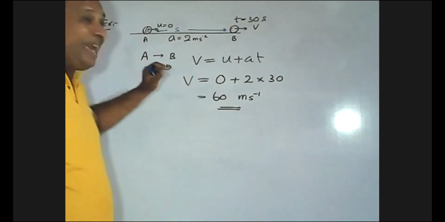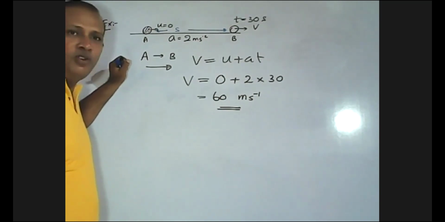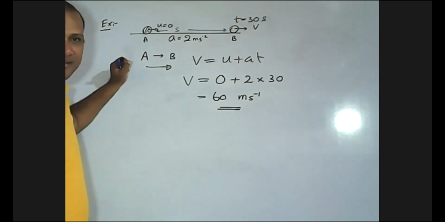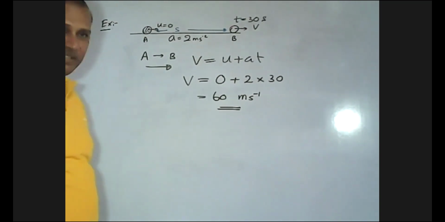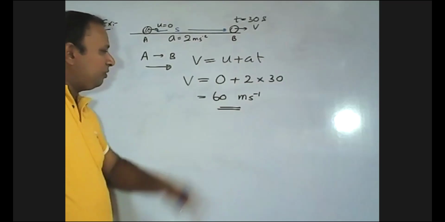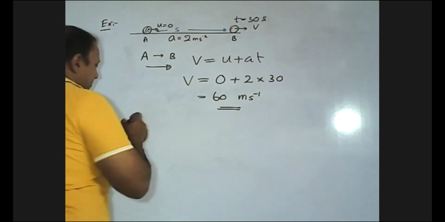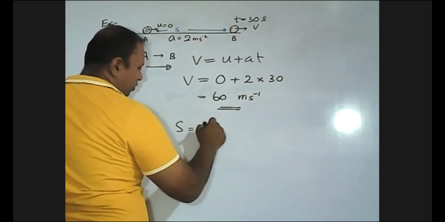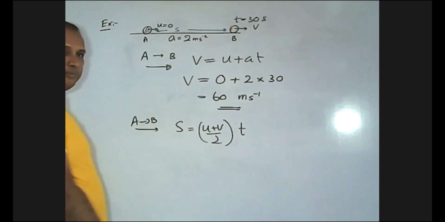But I have found the V first. If you're sure about this answer, then you can use this equation from A to B in this direction: S equal U plus V over 2 times T, to find S.